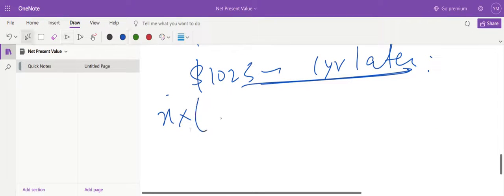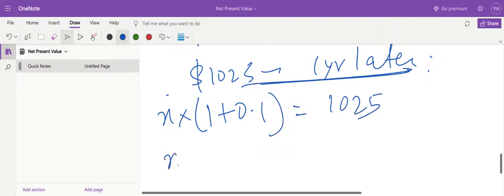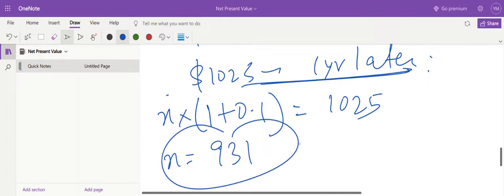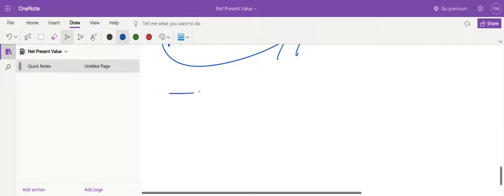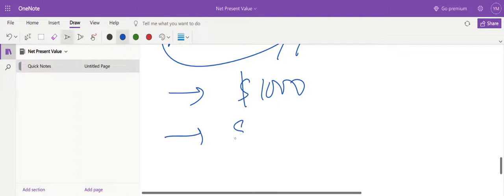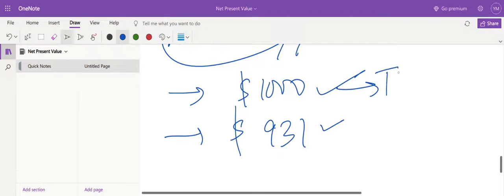So X value, when it would have taken an interest of 10%, would have resulted in $1,025. We get $931. Now we can compare these two values, because one investment says that I am ready to give you $1,000 instantaneously. One investment says I am willing to pay you $931 instantaneously. So this way you can say that $1,000 is greater than $931, and hence this is better.